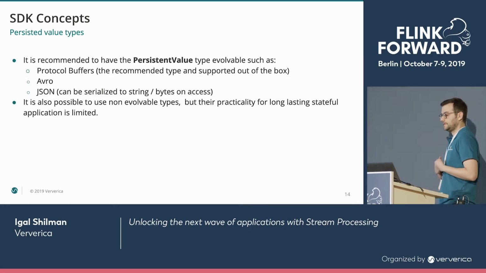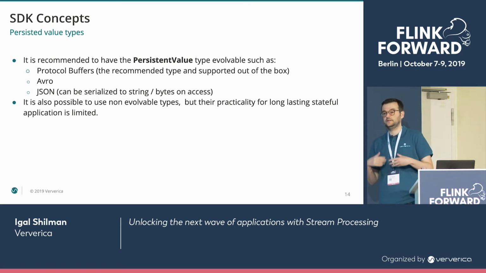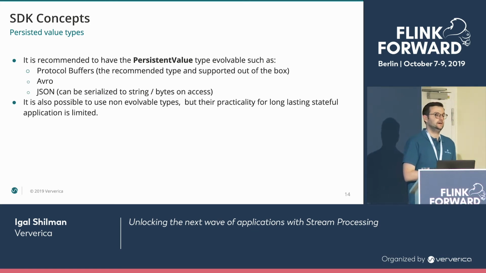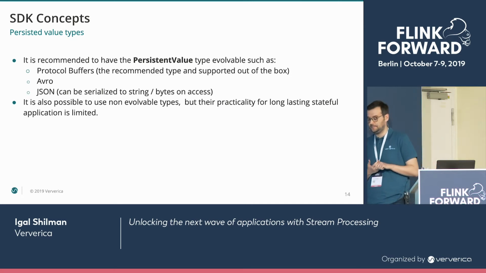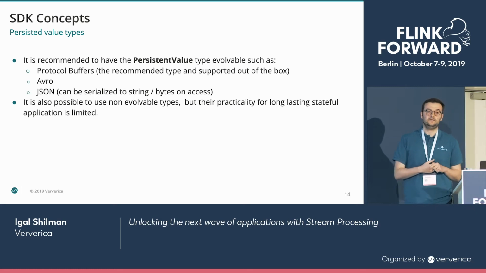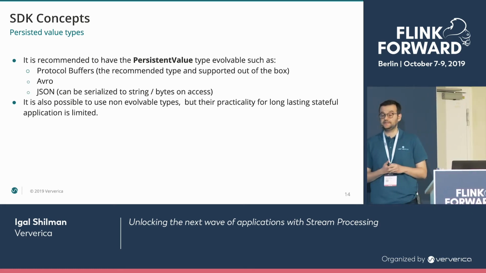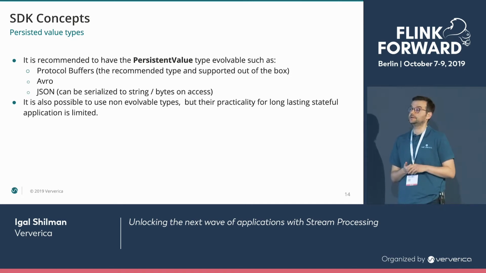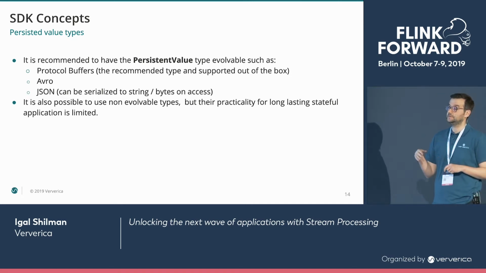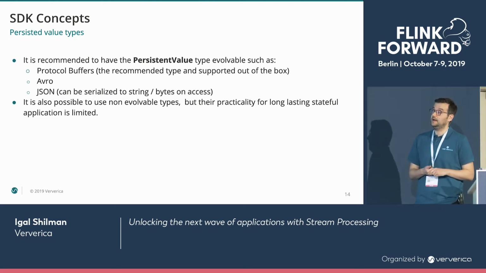Since we assume those kinds of applications would be long-lived and long-running, you may want to think about how to evolve them. To have those applications evolvable, you must use a type for your state that supports schema evolution. What we support out of the box is protocol buffers, and that's what we recommend as well.